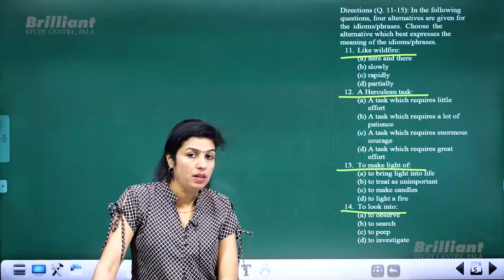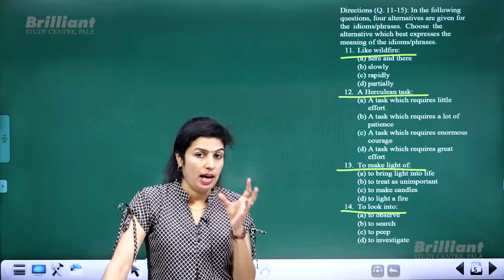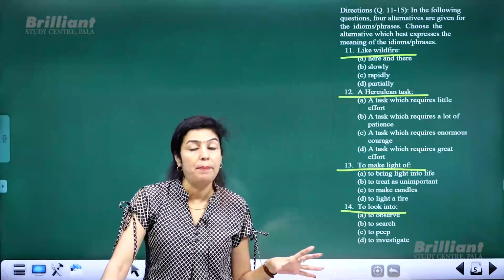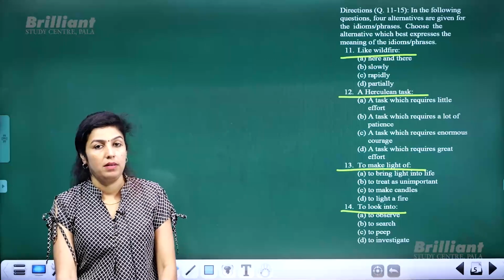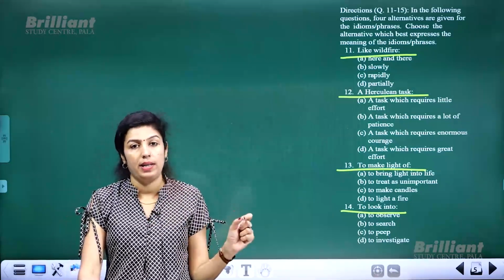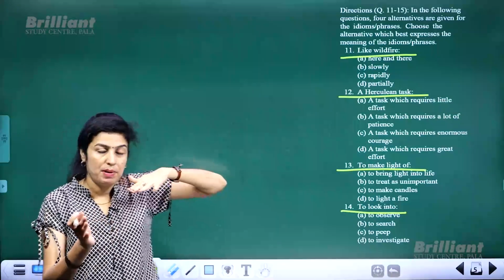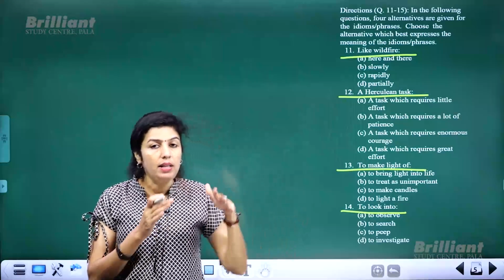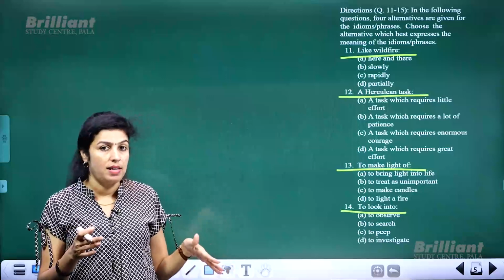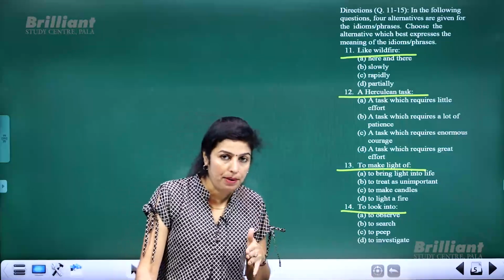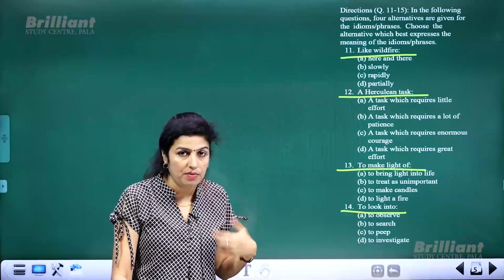What does it mean? Something which happens very rapidly, at high speed, very quickly. So if something is being compared to wildfire, it means it is very fast in action, or it is being done very rapidly.